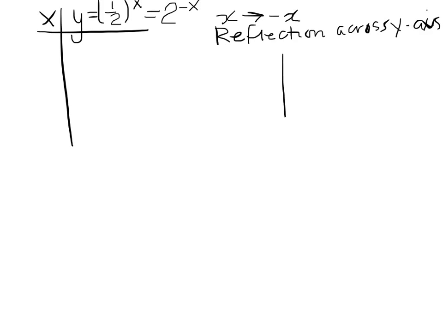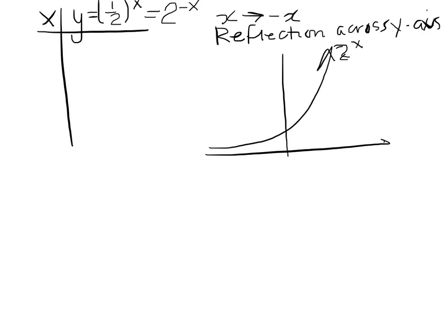So I could actually go ahead and graph this pretty quickly. If this is 2 to the x, then if I reflect this across the y-axis, my new graph looks like this.